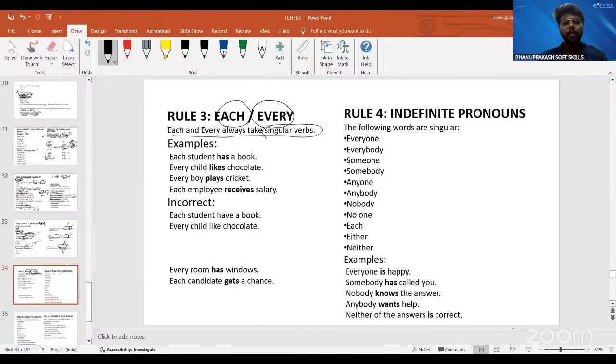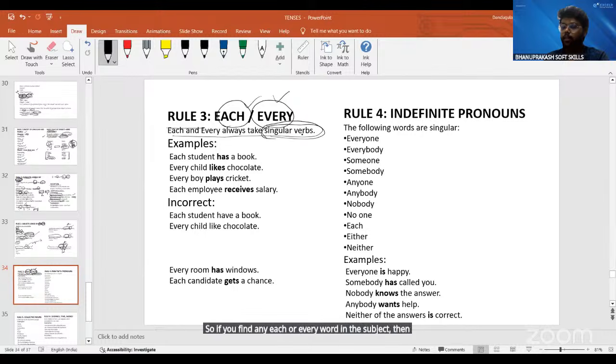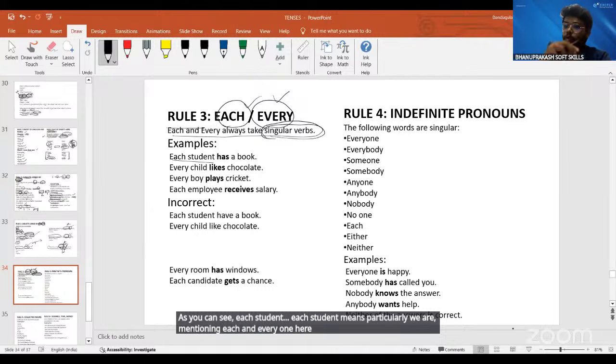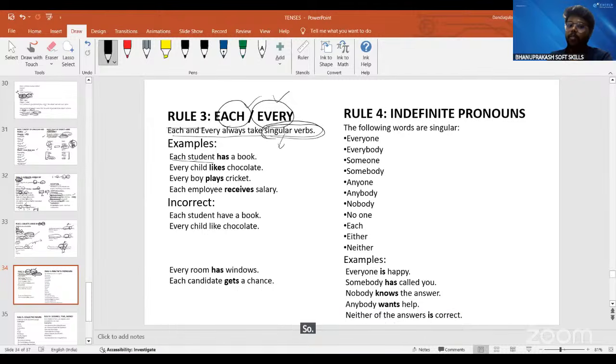Okay. So each, every. If you find any "each" or "every" word in the subject, then that takes the singular verb. As you can see, each student. Each student means particularly we are mentioning each and every one here. As each one comes under one category, each student means singular only. So we take the singular verb forms.